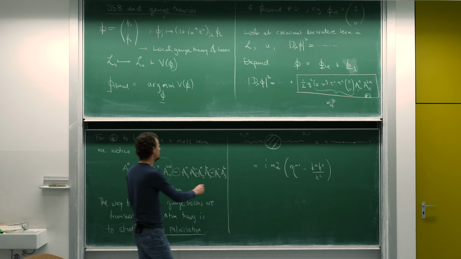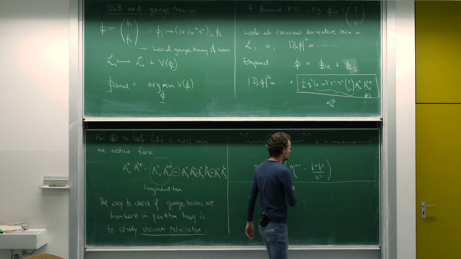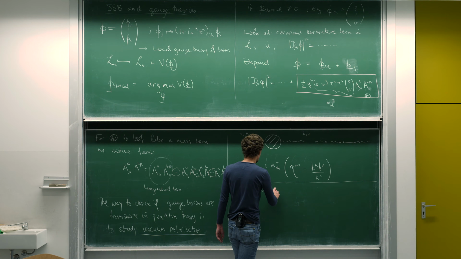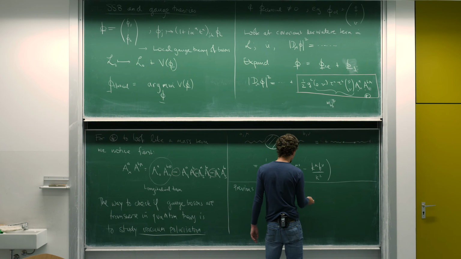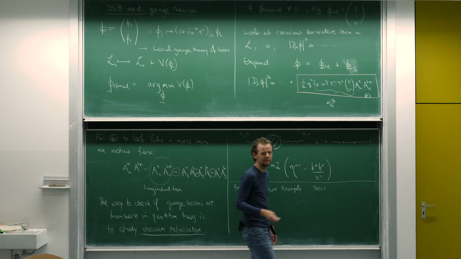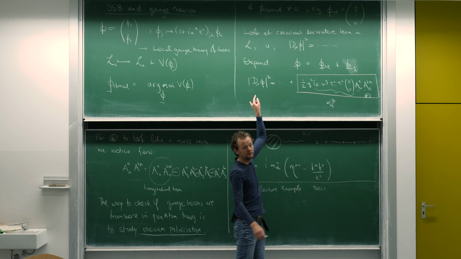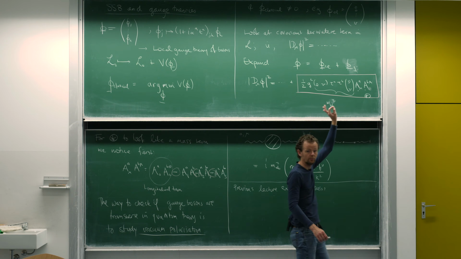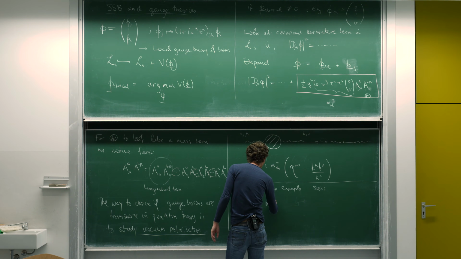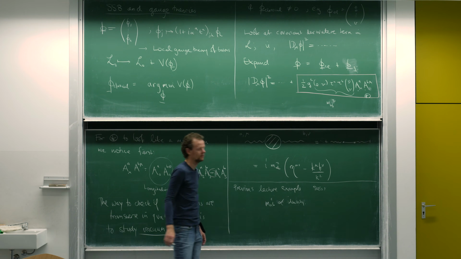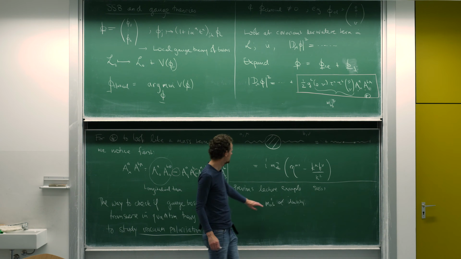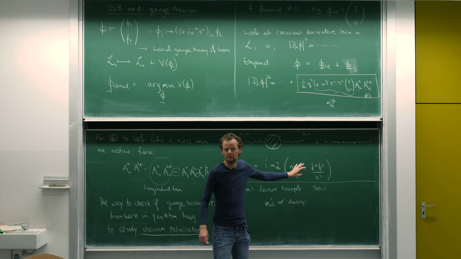And in the example that I considered at the end of the previous lecture, SU2 in a fundamental representation, if you use this definition of the covariant derivative here and work out this mass matrix here, then you end up with, as we hoped, a mass matrix proportional to the identity, which gives all three bosons in that theory a mass, and they are transverse according to this diagram here.